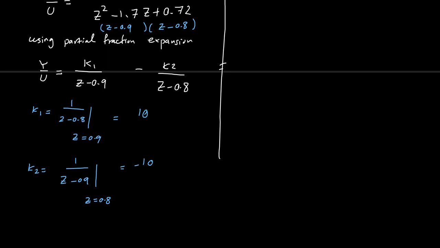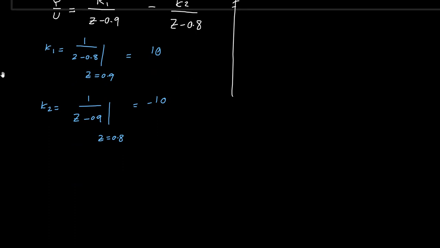So now the partial fraction expansion of y over u will give me 10 over z minus 0.9 minus 10 over z minus 0.8.